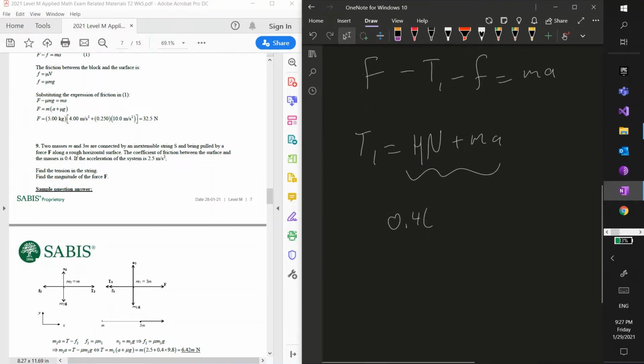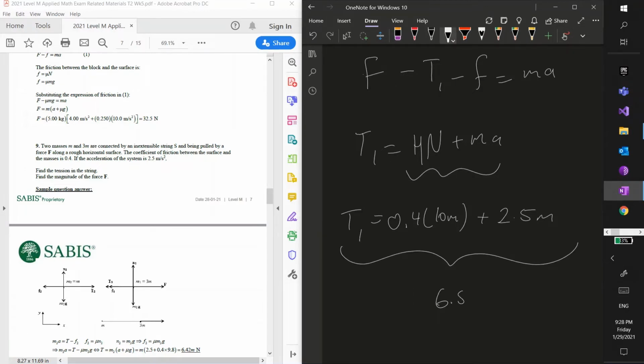Your mass is m, so your weight is 10m. Plus ma, where m is m, and a is given to be 2.5. That's T1. You solve and you get 6.5m. And that's the first tension.